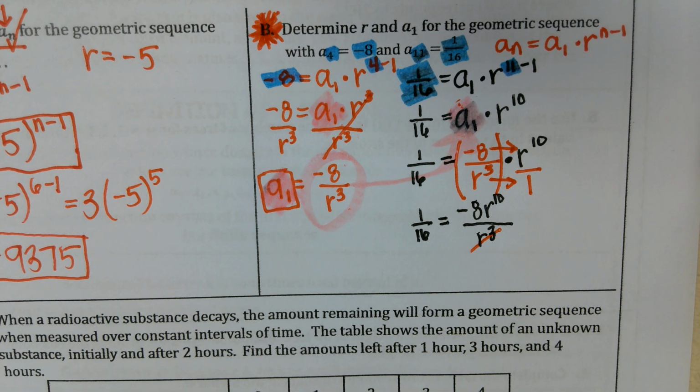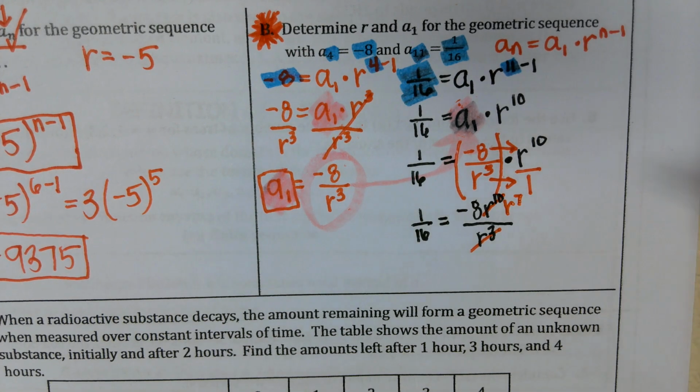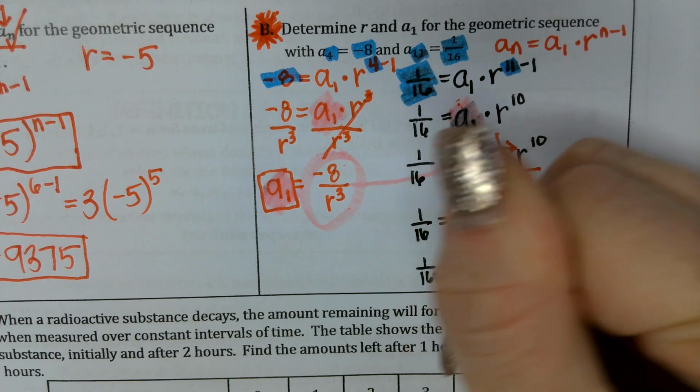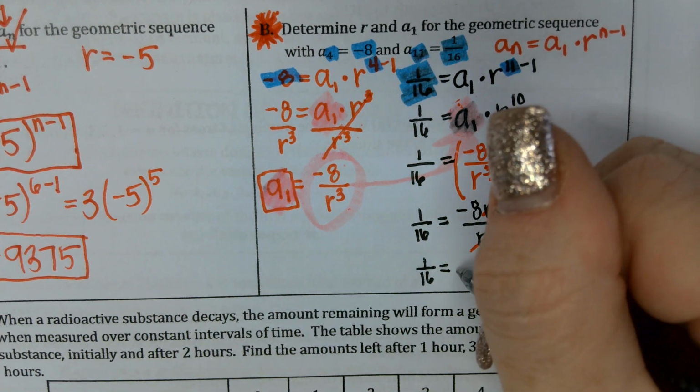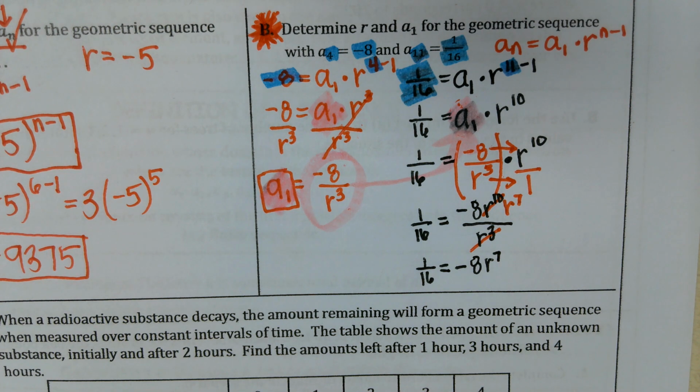I can divide out 3 of those R's, so I'm left with R to the 7th. So I now have 1/16 equals negative 8 R to the 7th.